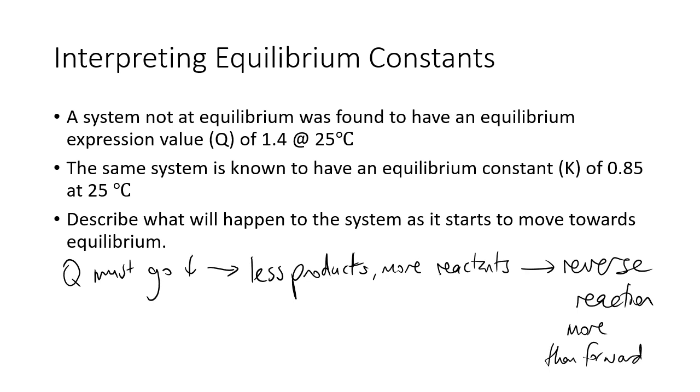Or we can say that that favors the left, things like that. We'll talk about that kind of wording in the next video as well. The reverse reaction must be occurring more than the forward, and therefore you'll produce more reactants and less products, and then eventually you'll get to the K value of 0.85. So that is interpreting equilibrium constants. We're going to go through this in class, but we'll see how we go. That's it.